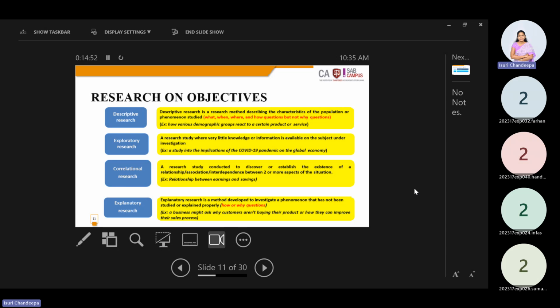Or it may be finance also. Emerging areas in accounting.